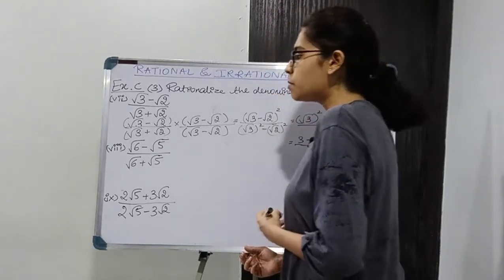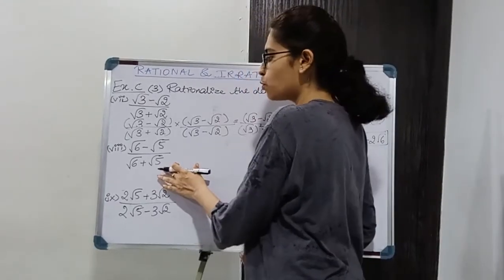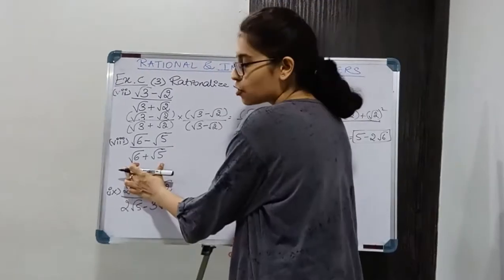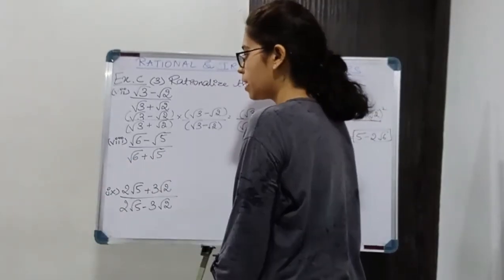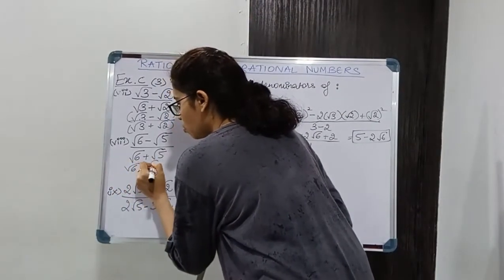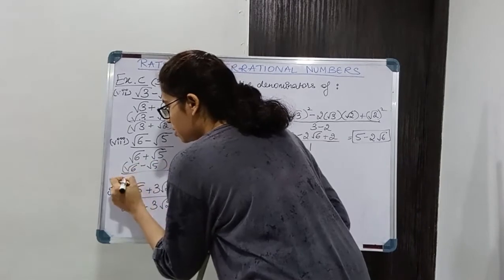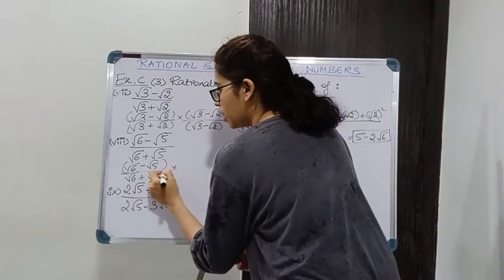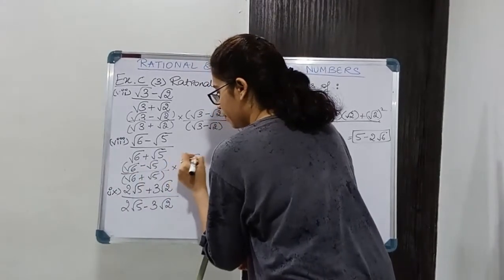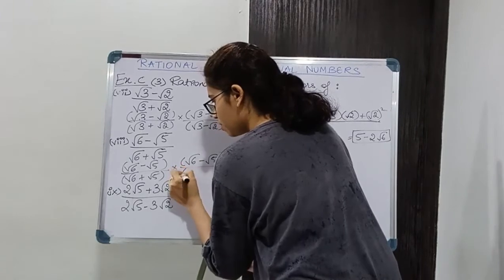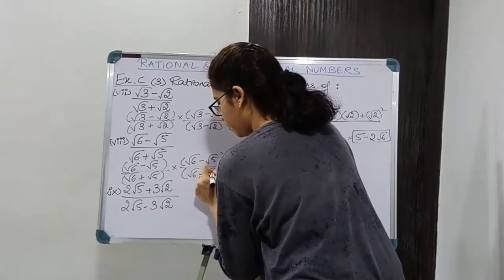Now the next number is root 6 minus root 5 upon root 6 plus root 5. तो इसका rationalizing factor है root 6 minus root 5. So we'll put these in brackets first and multiply both numerator and denominator by root 6 minus root 5.